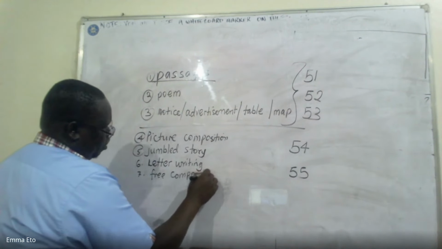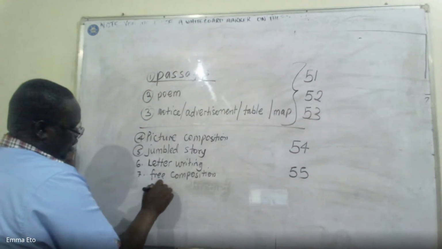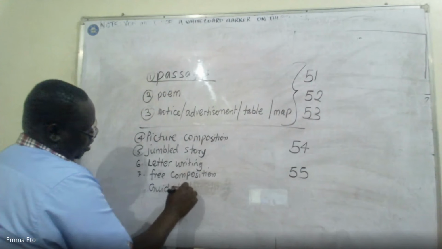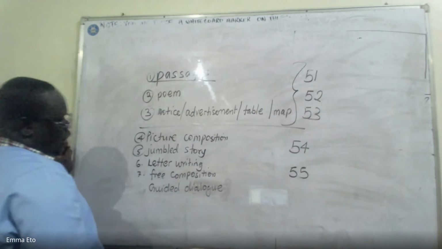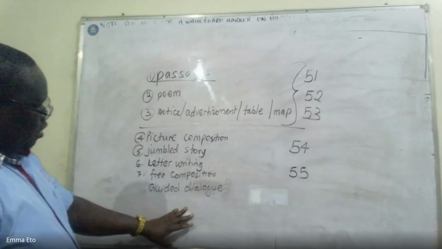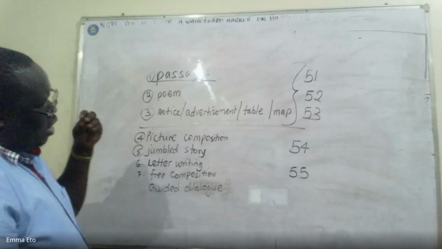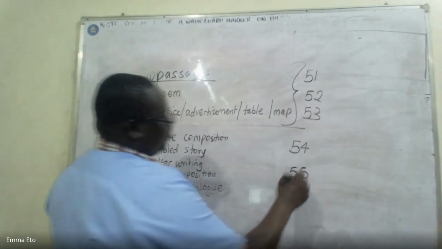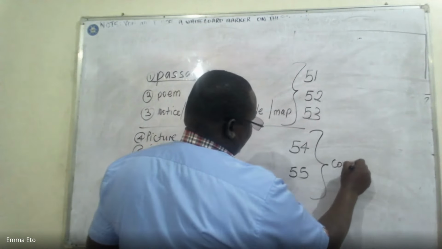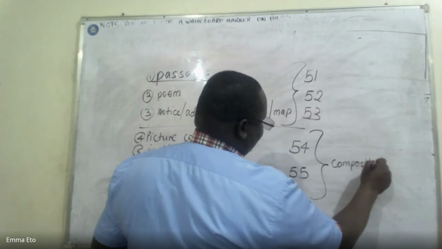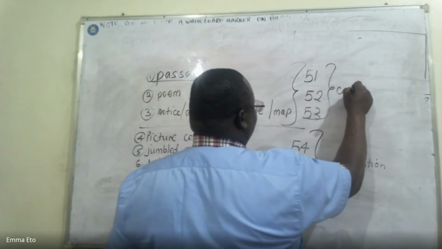And then guided dialogue, where they give them words of one speaker and they will want them to write the words of the next speaker. Now, this is what we call composition in a paper of English. This is what we call comprehension.